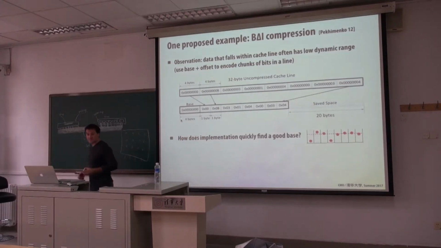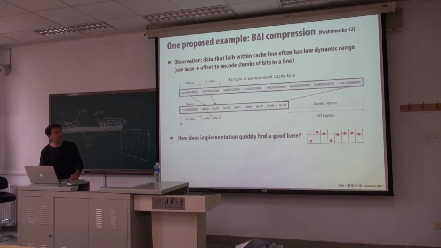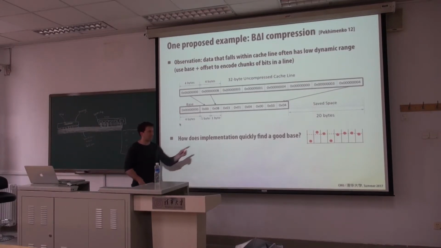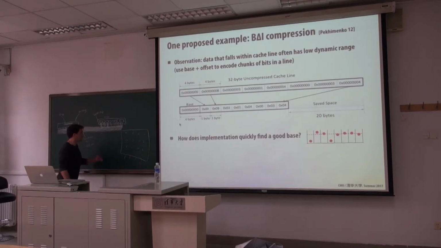One idea is I could take the average of all the numbers, because that's probably pretty close to some of them. That might be a good base, but now I have to add up all the numbers. I probably have to do a combining tree to add up all the numbers, and so if I want to compress this cache line, it might take a while to find the base.